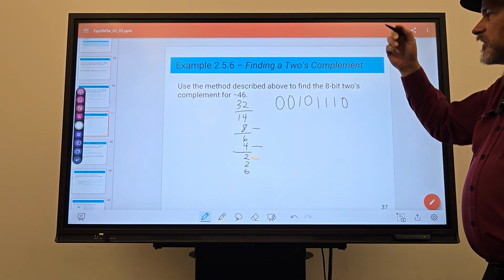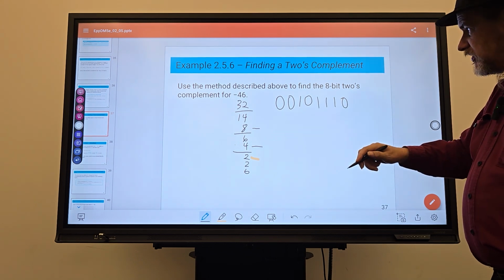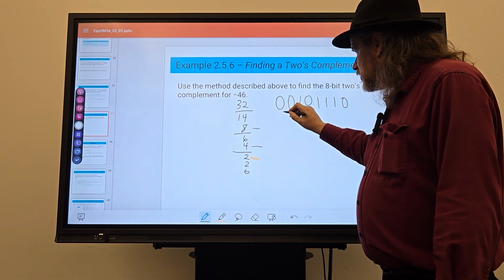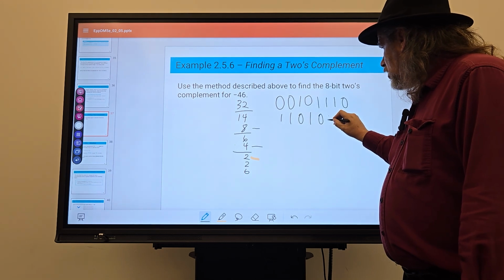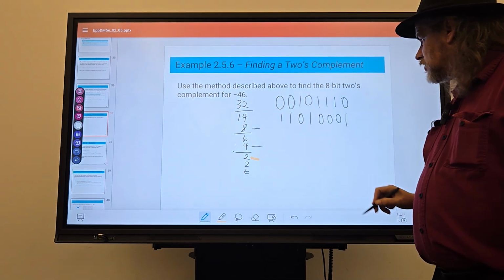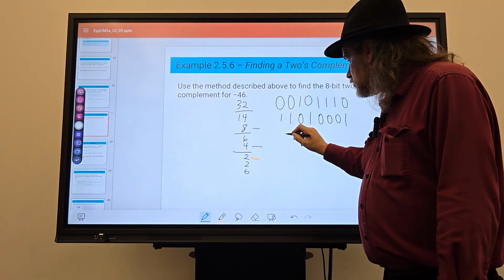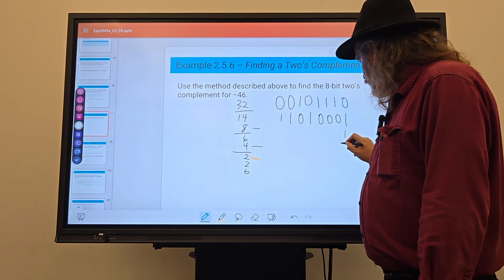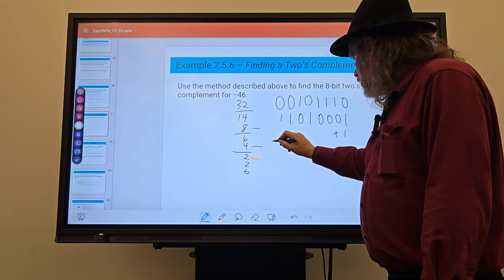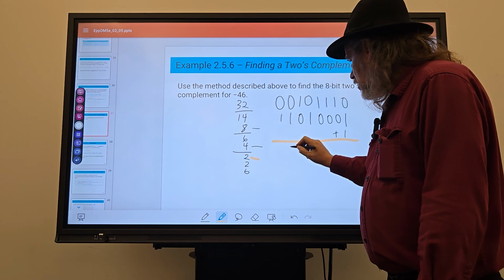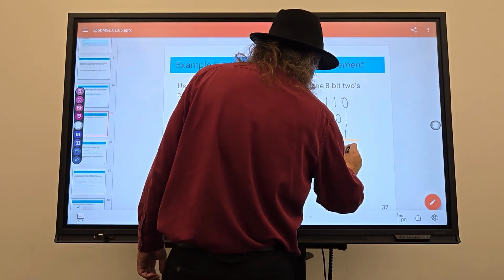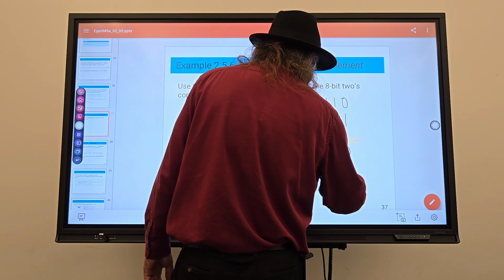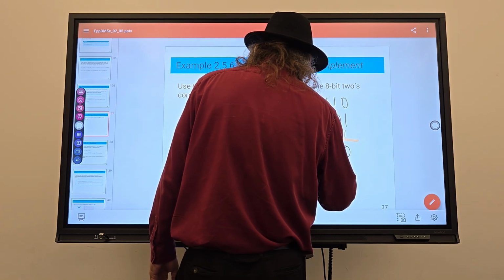So what you do is you flip the bits, and then you add 1 to it. Let's see here, 1, 1, 0, 1, 0, 1, 1.